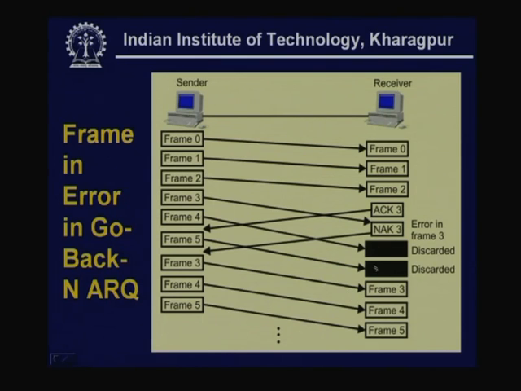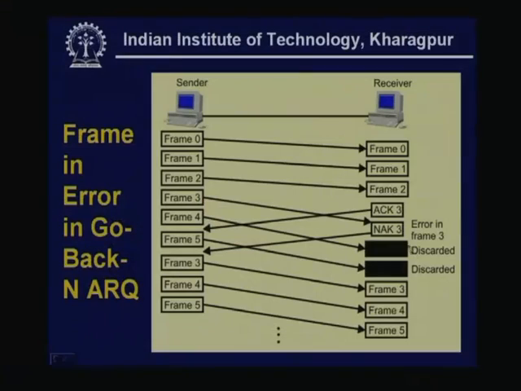It is not stored, because it has got only one buffer. So, there is no possibility, since the receiver is having only one buffer, it cannot really store the subsequent frames. If a frame is not received correctly, then all the subsequent frames are discarded. So, frame 4 and 5 are discarded. Now, you see the transmitter will start sending frame 3, 4 and 5.